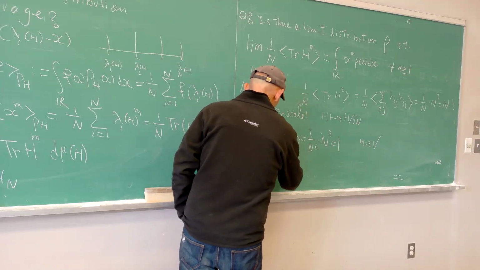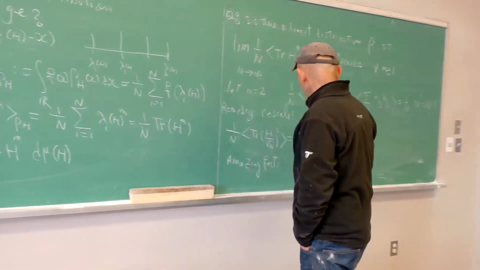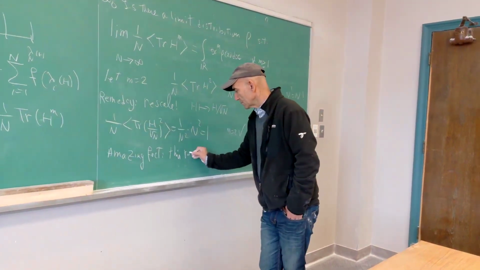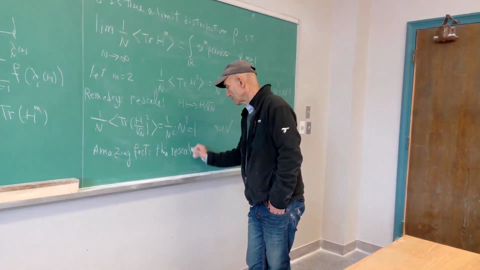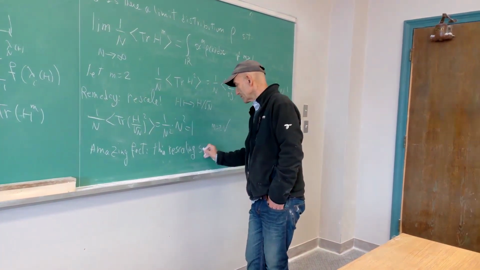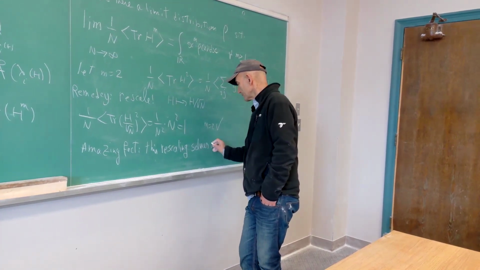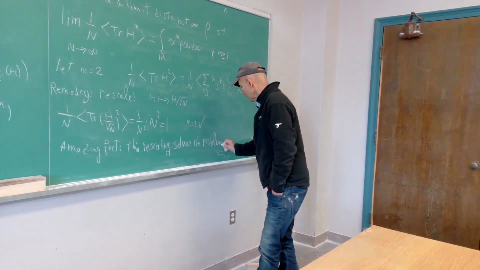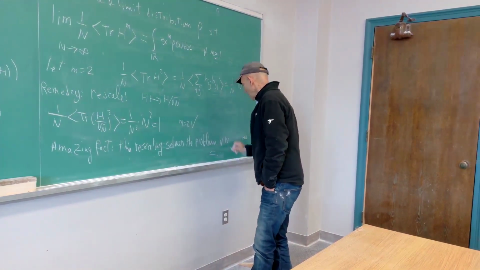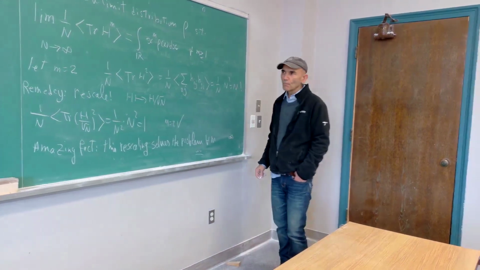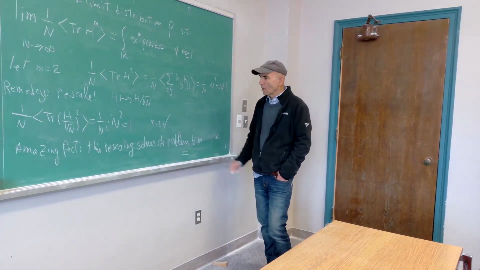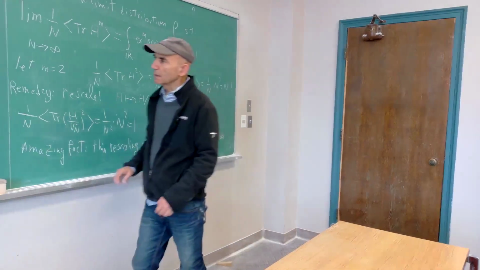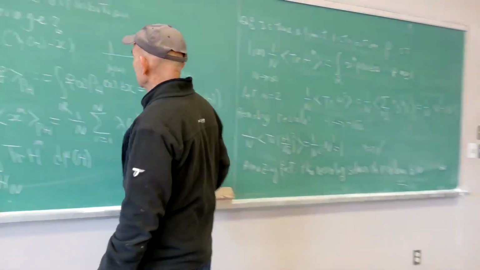Fine. That this rescaling solves the problem for all m. So what do we mean by that? Now I can just state the result. This is called Wigner's semicircle law.